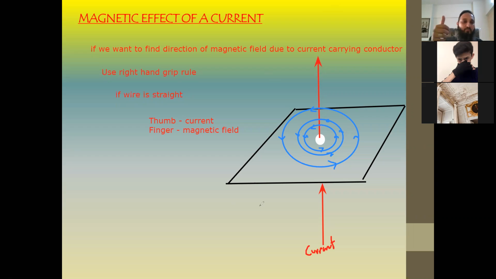If this is a wire and there is current up and I want to show the direction of the magnetic field, my thumb should point up and my fingers will turn around it, because I cannot grip the other way around. Naturally I can only grip in this manner. So my fingers show that the direction of the magnetic field is around the wire. Is it clear? Yes.